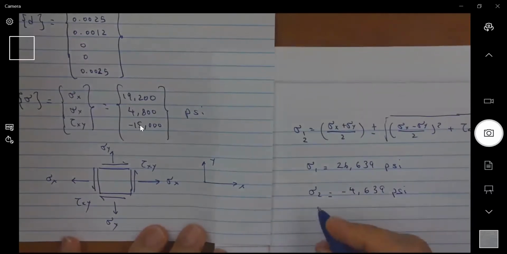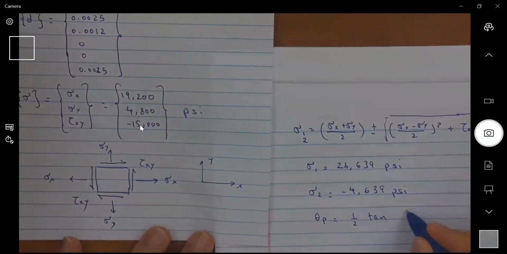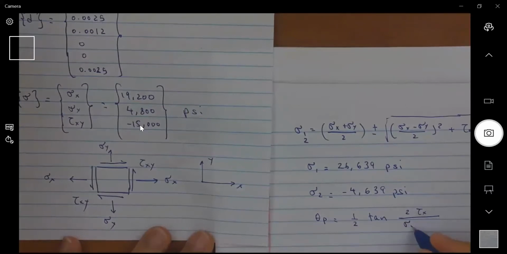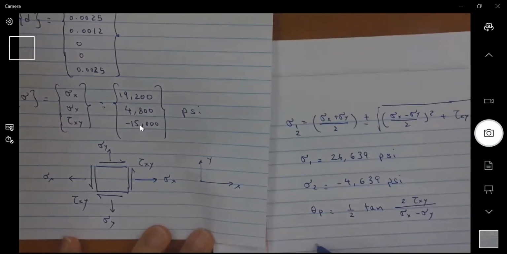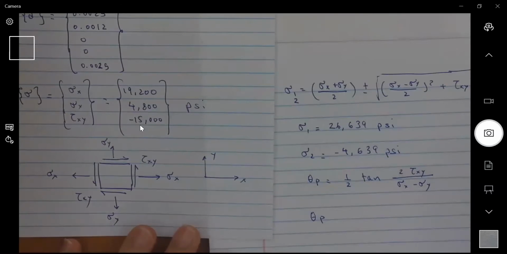To find theta p, theta p is equal to 1/2 tan inverse of 2 tau xy divided by sigma x minus sigma y. Question? Is this 1, 2?